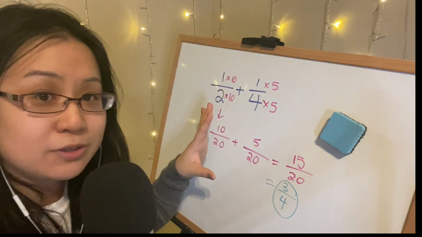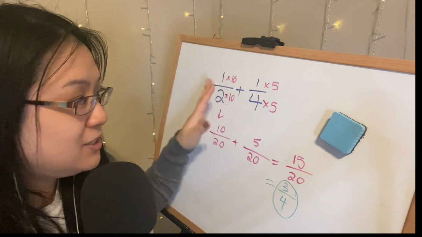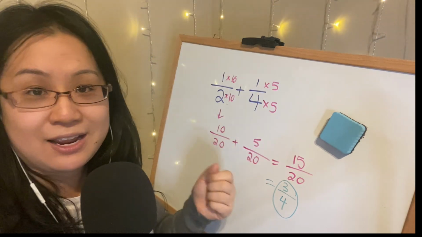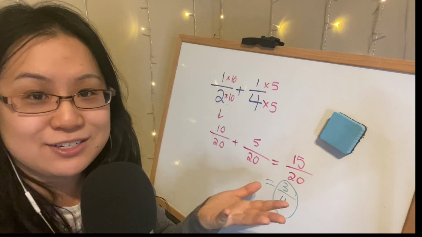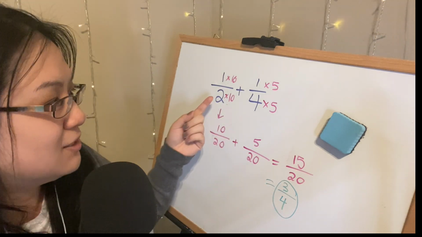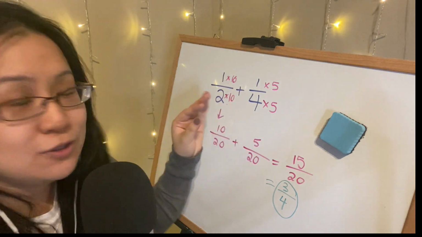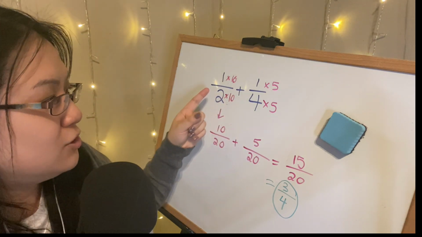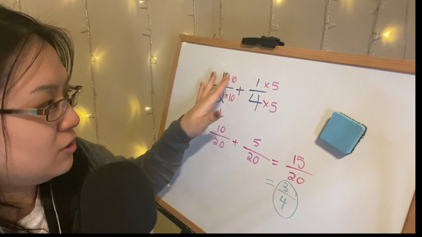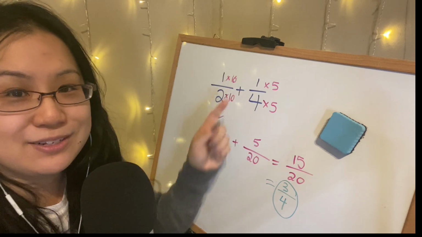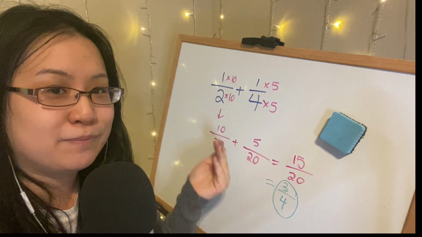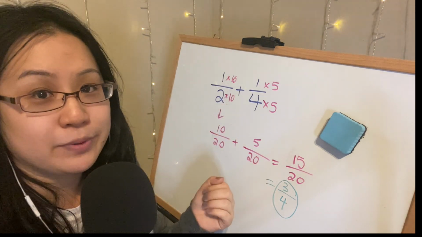So in general though, if you're staring at it and you have no idea what to do, what number do these both go into, I would say actually the safest thing to do is you can just multiply them together, because 8 will be a multiple of 2 and 4, because if I do 2 times 4, I literally get 8. So 2 times 4 here on the top and the bottom, 4 times 2 here on the top and the bottom. At the very least, we're going to have a multiple of both by multiplying these numbers.